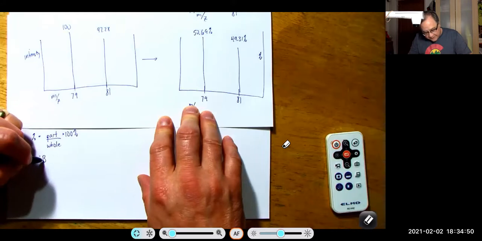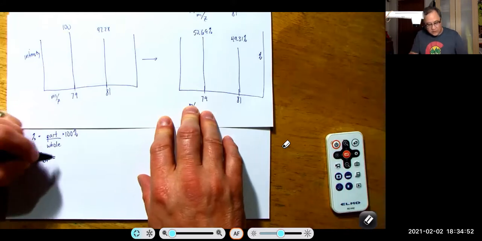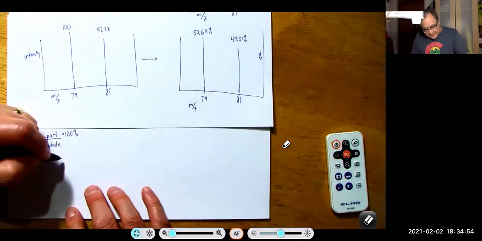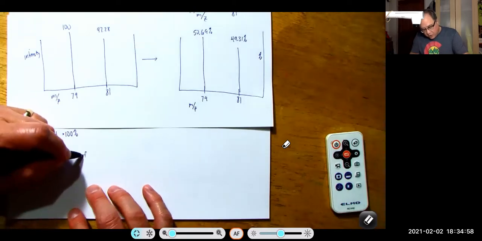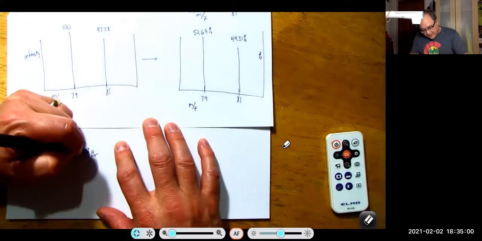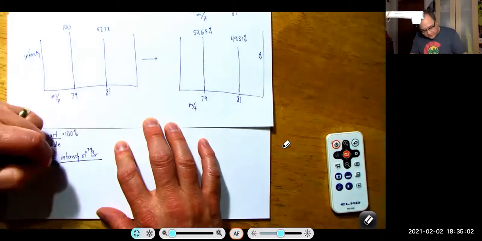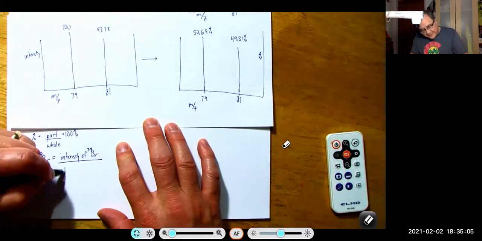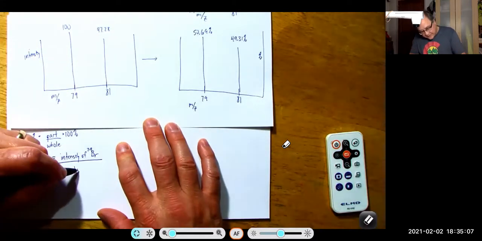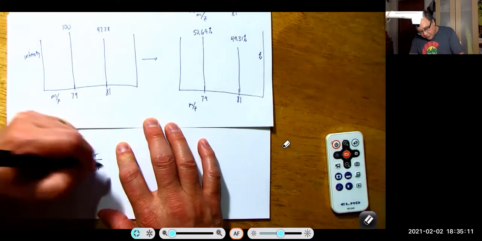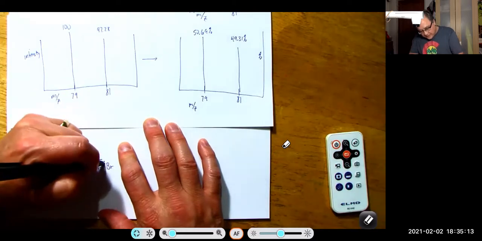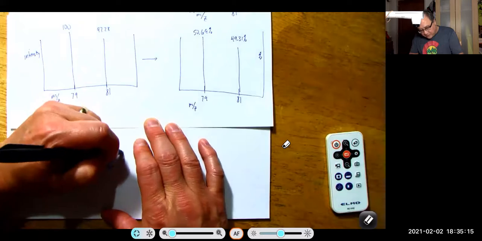In this case, the percentage for bromine 79 is going to equal the intensity of bromine 79 over the intensities of bromine 79 plus bromine 81, all of this times 100%.